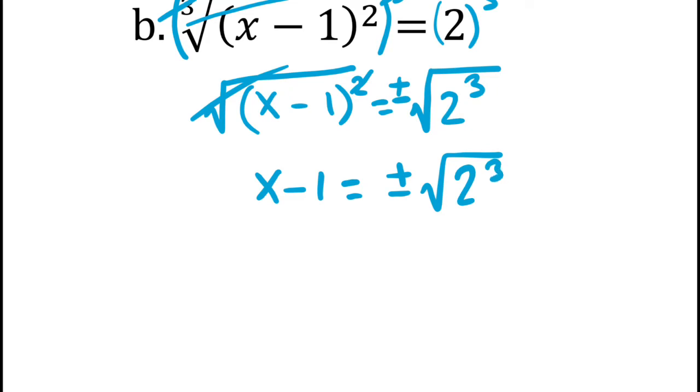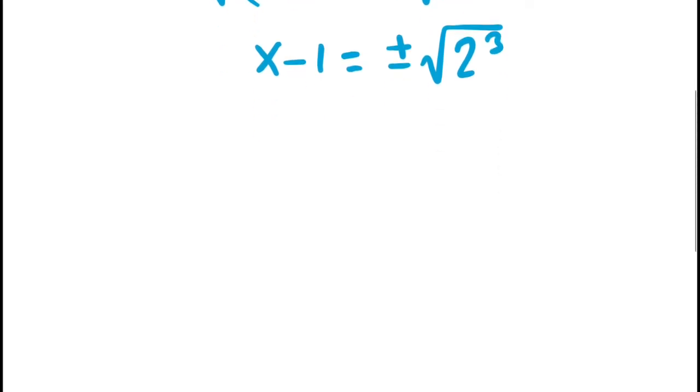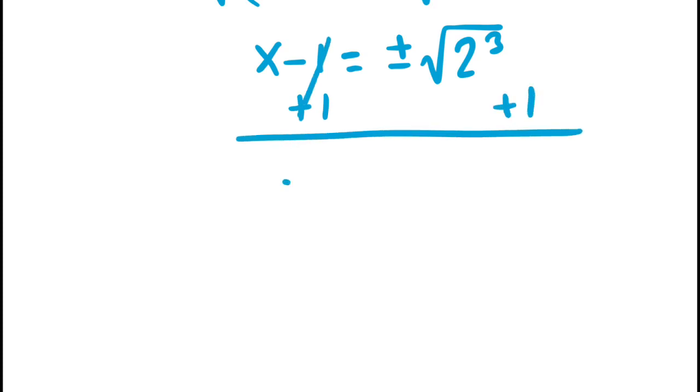We'll leave it as 2 to the third. Now we're going to add 1 to both sides to solve for x. So we get x equals plus or minus the square root of 2 to the third plus 1.